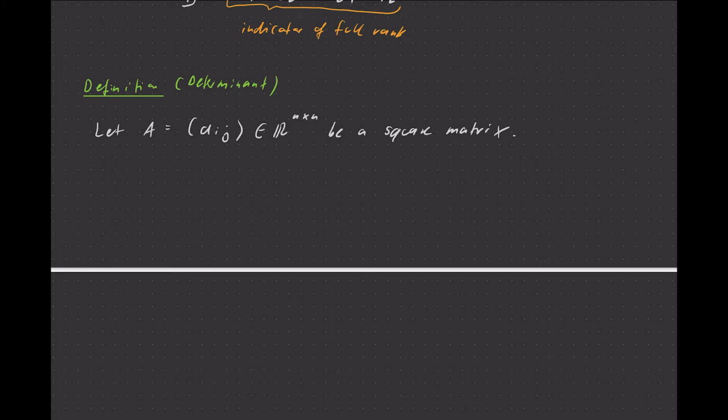Before we can actually write down the formula for the determinant, we need to have a little terminology. That is, for n at least 2, we define a so-called Ij cofactor, and we will write this as Aij of the matrix A.